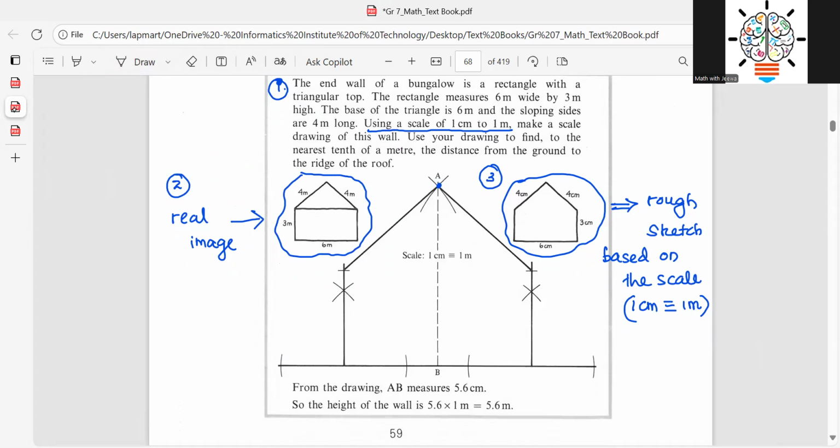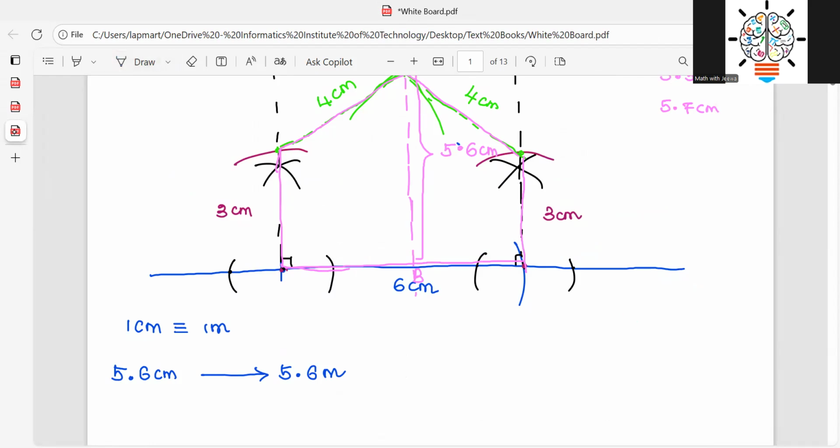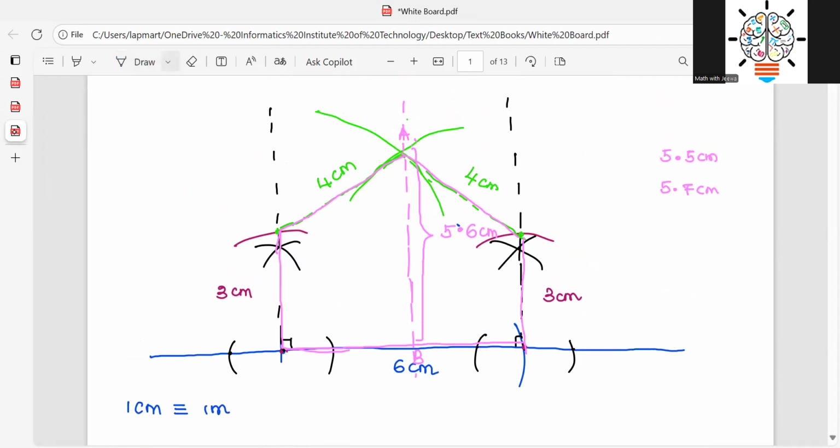First you copy down the statement or the paragraph here. Then you draw the real image. Then you draw the rough sketch based on the scale, and inside the bracket you show the scale. Then you start constructing this. How I started, can you remember? I repeat the steps. First I drew a free line here. I mark a particular point, right?